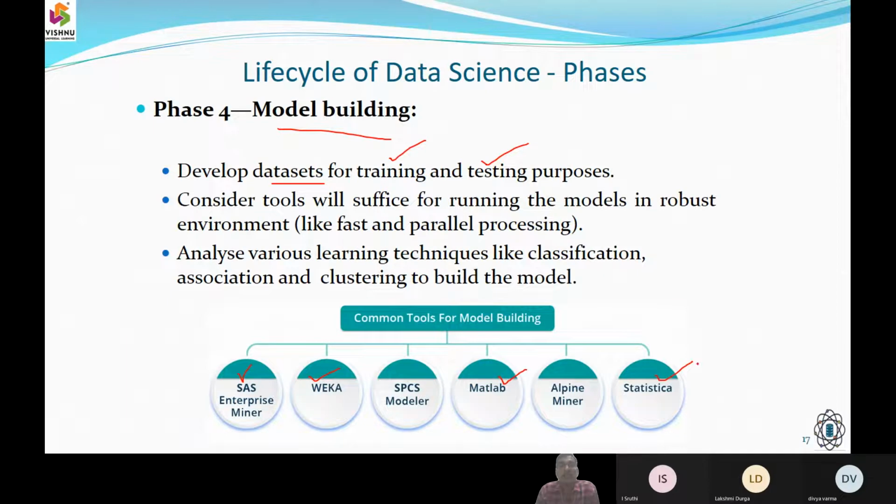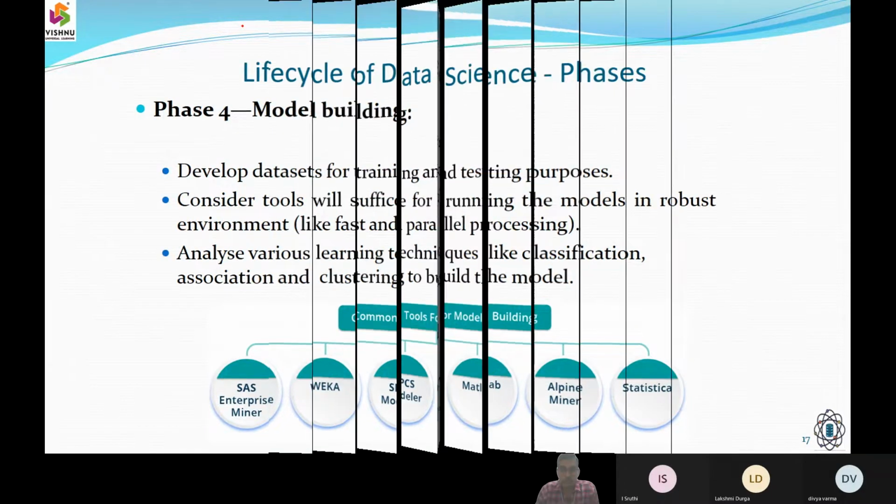These are some of the tools we will use, and thereby we will use some machine learning techniques. These can be classified as supervised learning, unsupervised learning, and association techniques such as market basket analysis and Apriori models. Using all these things, we are going to build the models. So this will be the fourth phase of data science.